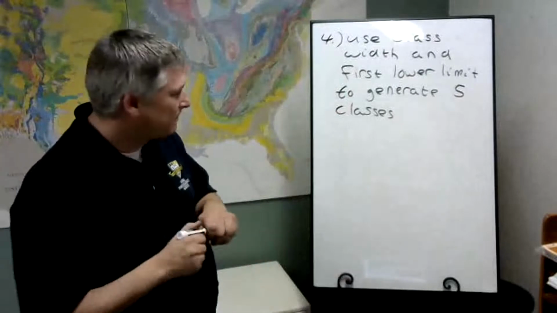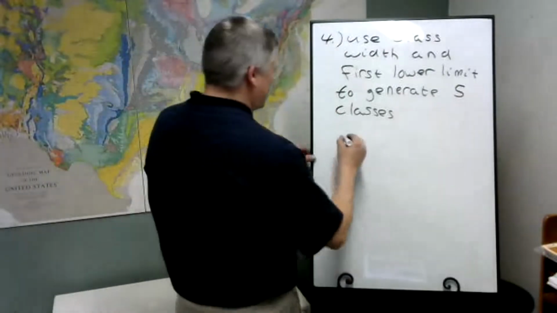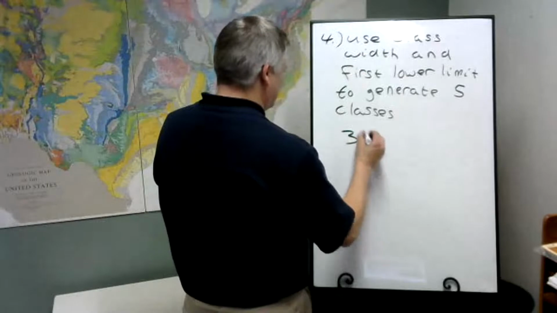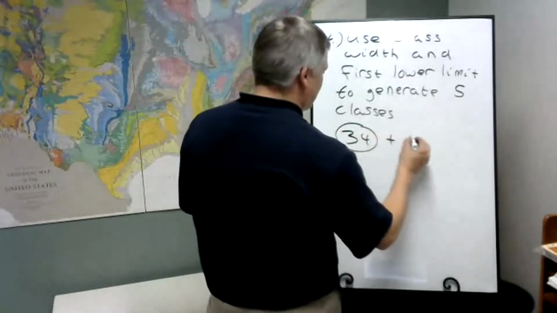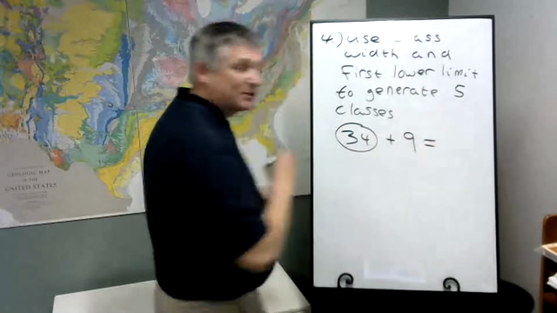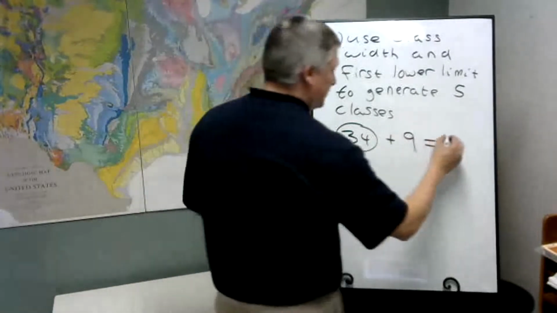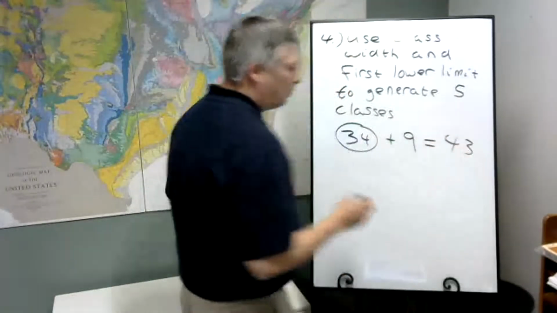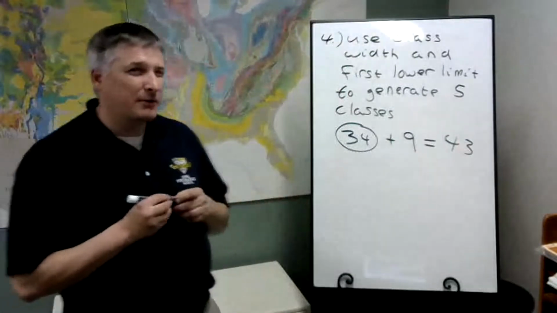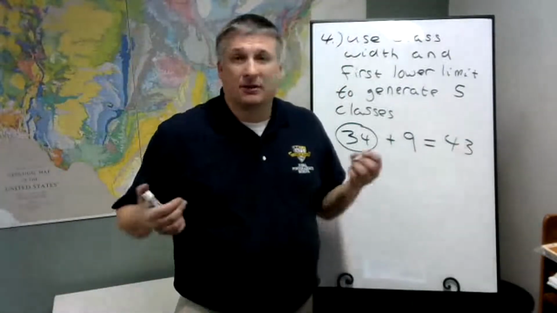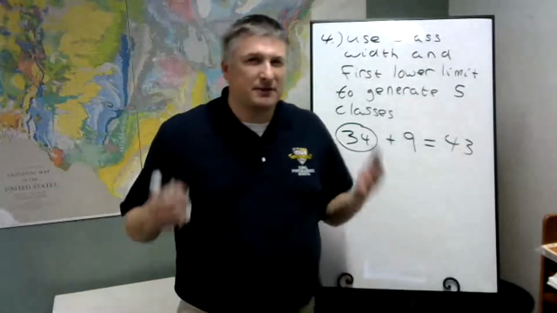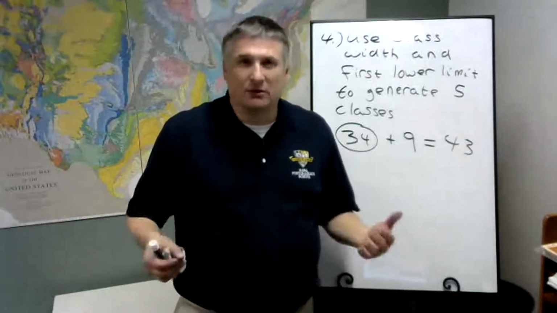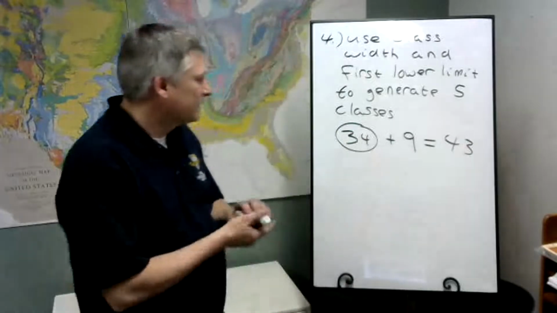So what do we do? Well, we take our first lower limit. I'm going to circle it. And then we add the class width, 9. And so that is going to give us 43. If you think about how we define class width, the class width is the difference of consecutive lower class limits.